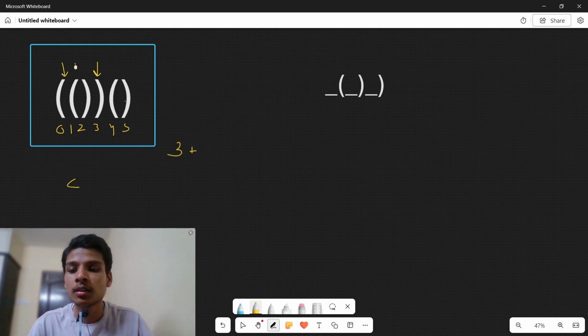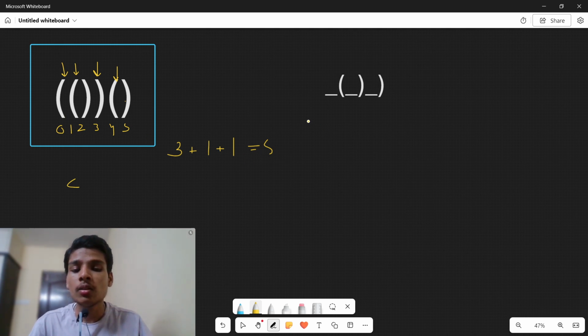Now for this one, where is its closing parenthesis? That is at index 2. So what is the difference? That is 2 minus 1, that is 1. Okay. Similarly for this opening, the closing is at the fifth index, so the difference will be 1. Yes. So the answer is 5, which means for this balanced parenthesis sequence, the cost is 5.